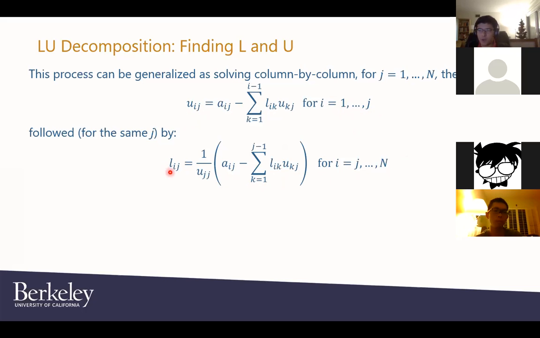And for L, we will have I equals J through N. L is the lower diagonal, so we care for everything below the diagonal. So these are the expressions that you'll need to code for this.